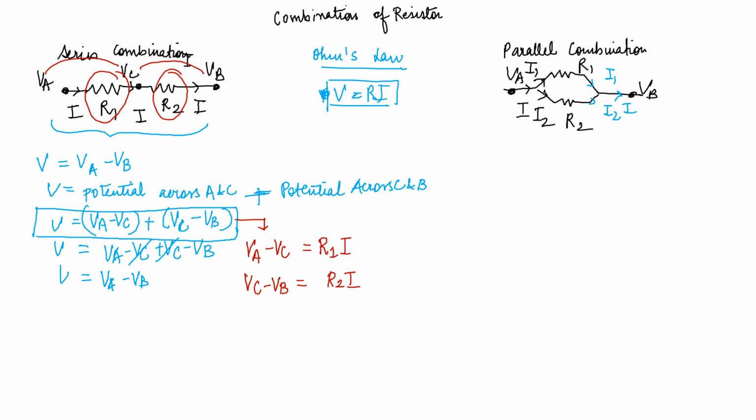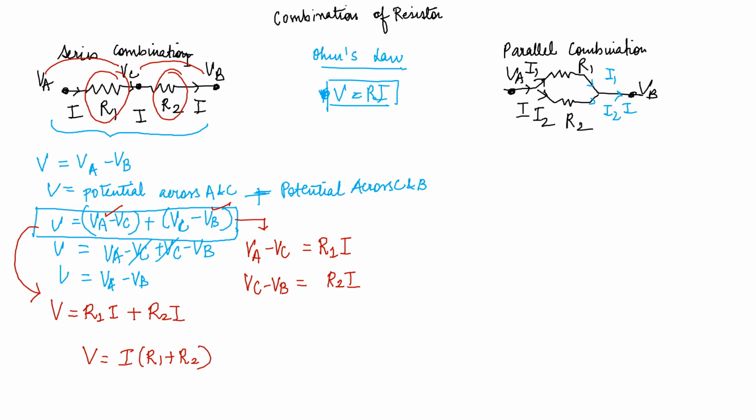We substitute these values in the respective brackets, and we get V equals R1 into I plus R2 into I. This gives V equals I into (R1 plus R2).